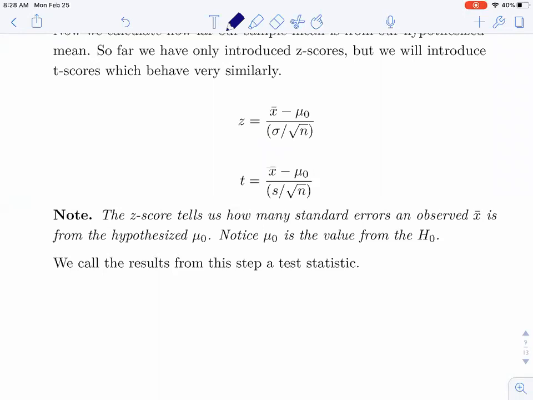Step two is pretty quick and dirty. You just do a calculation and then you move on to step three. One thing to keep in mind is that the Z or the T that we find is going to be called a test statistic. It's just called a test statistic.